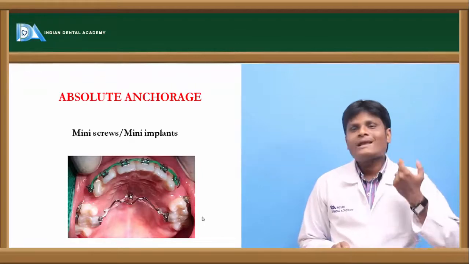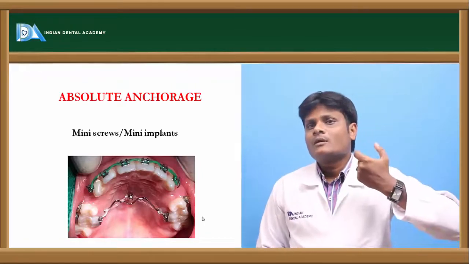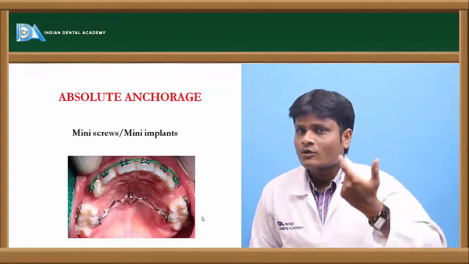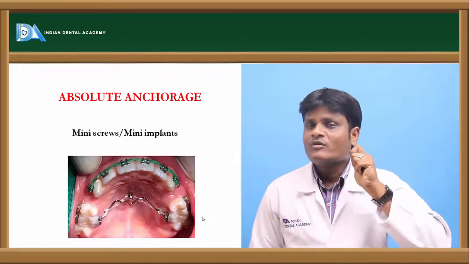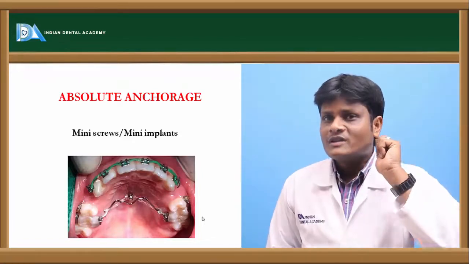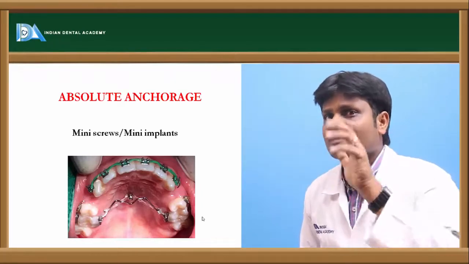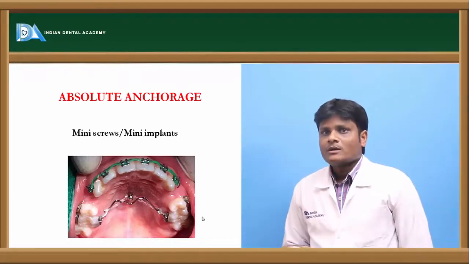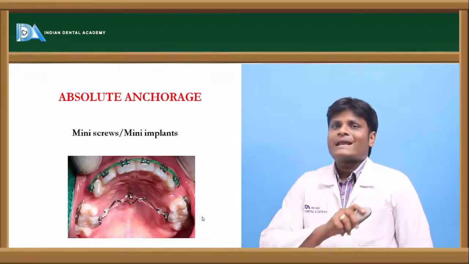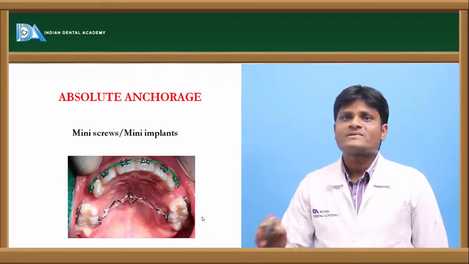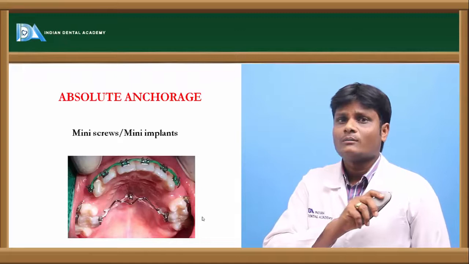So we will exert force via elastics or any kind of force applying agent. We will be stretching it from this implant, which is used as the anchorage unit, to the tooth or group of teeth that is being moved. Here the implants will produce an absolute, 100% anchorage without moving by themselves.